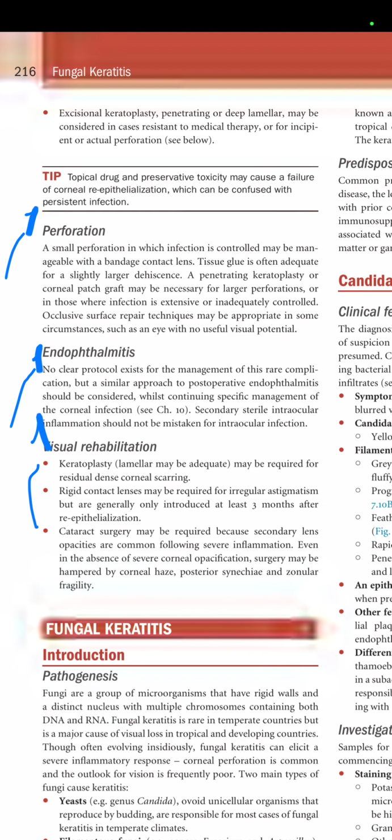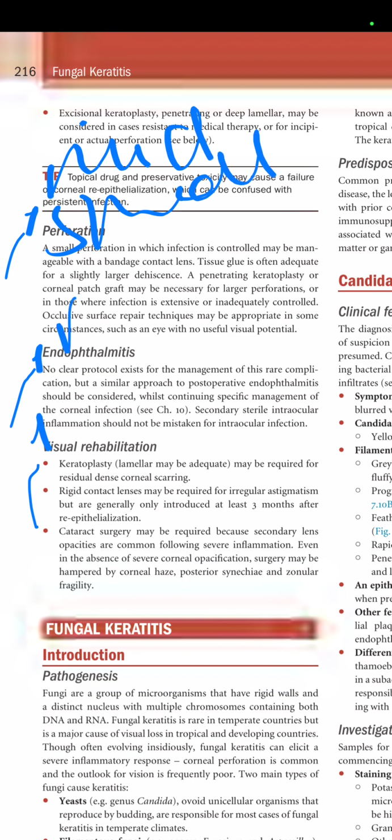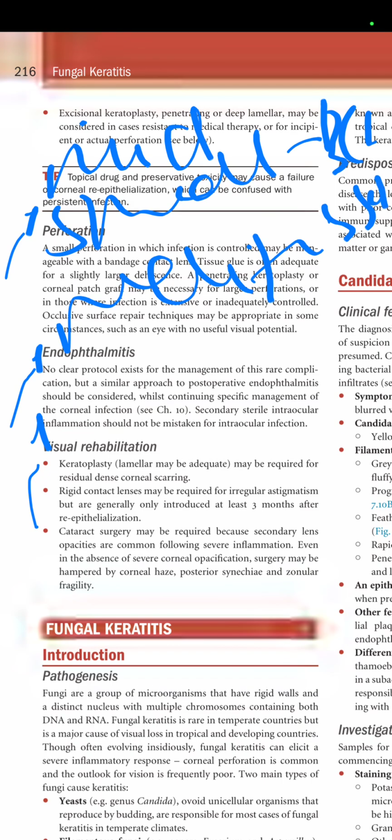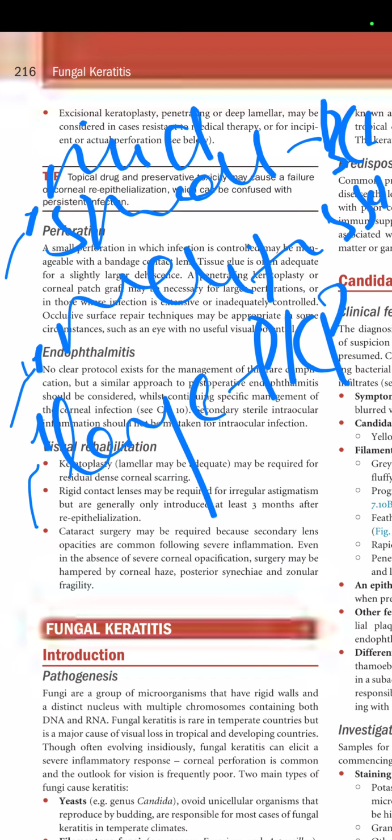Occlusive surface repair techniques may be inappropriate in some circumstances, such as an eye with no useful vision. So we can say there are small, medium and large perforations. In a small perforation, we try a bandage contact lens. In a medium perforation, we use tissue glue, and in a very large perforation, we use PKP. Basically, this is what it is saying.